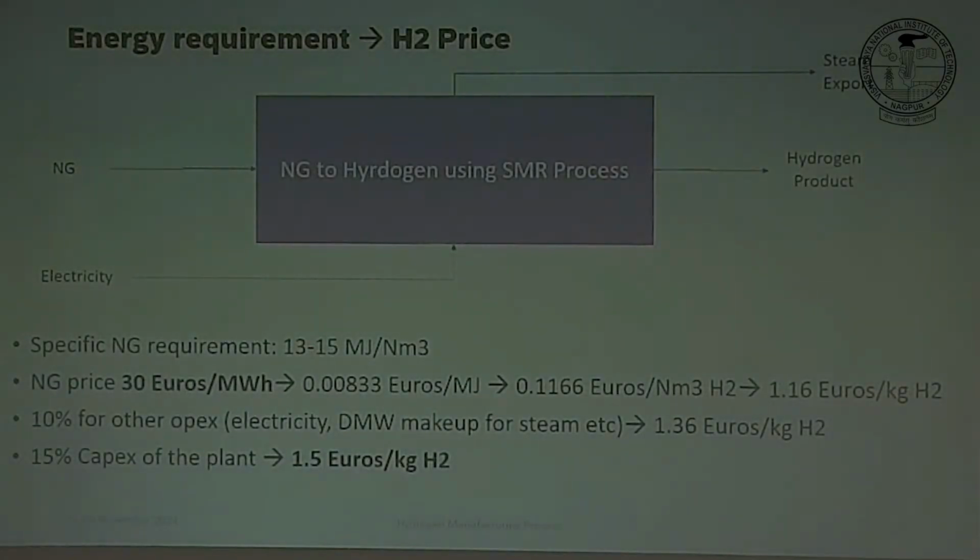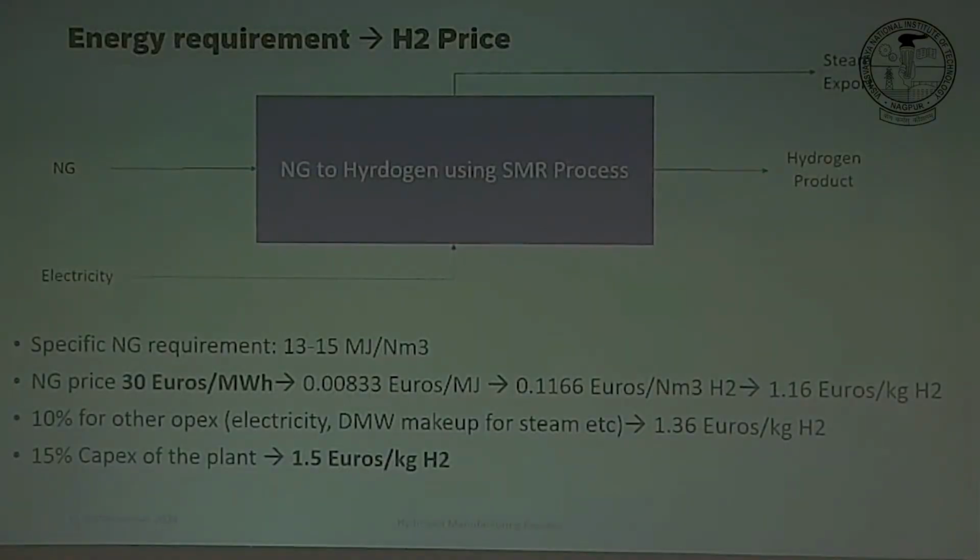When you generate steam, you also have some blowdowns and some makeup demineralized water requirement, so there are some other operating expenses. Natural gas is the major operating expense in an SMR process. So let's assume, for simplicity, 10% for other OPEX. We end up at 1.36.